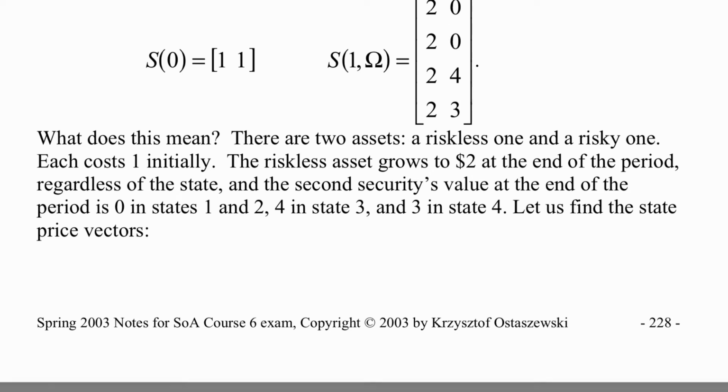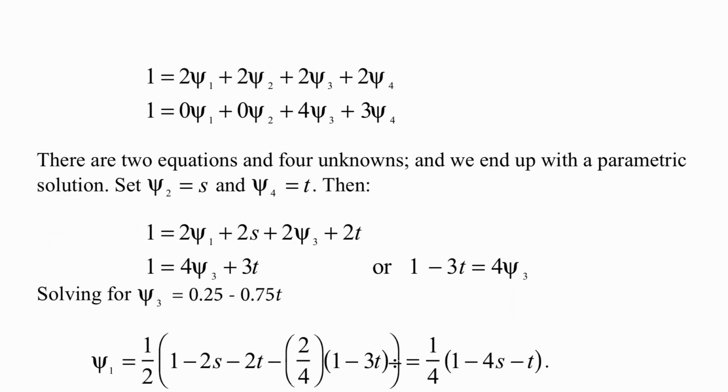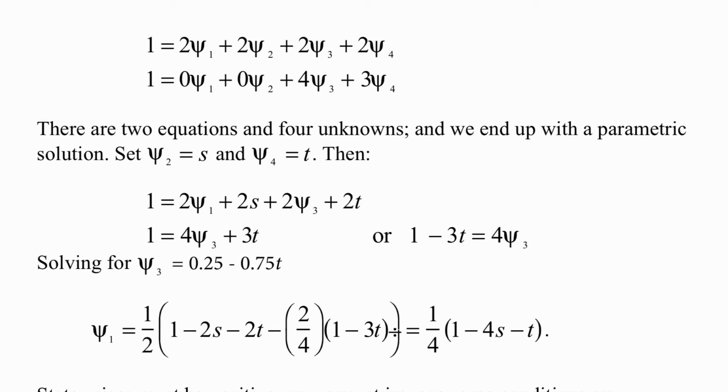Let us find the state price vectors. So we write out the equations. 1, the price of the first security has to be this linear combination of payoffs of the first security multiplied by prices of the states. Payoff in state 1 is 2, and the price of state 1 is psi 1.